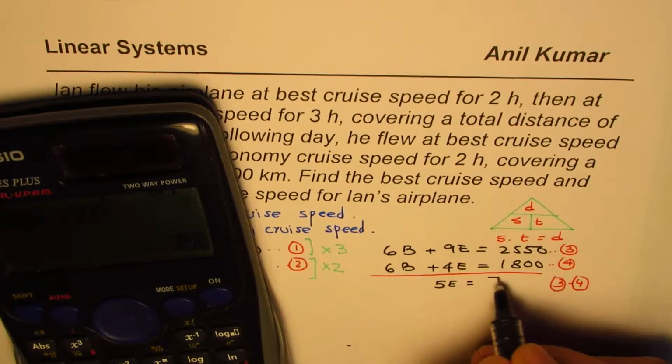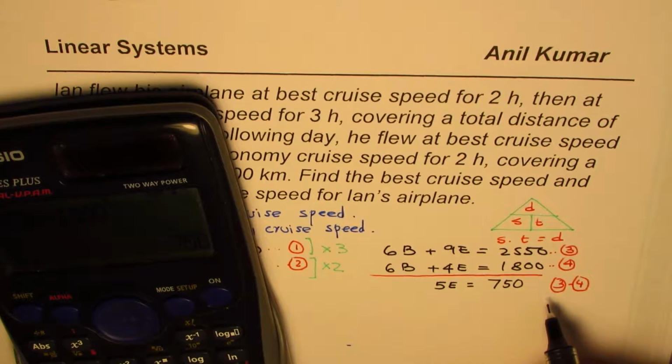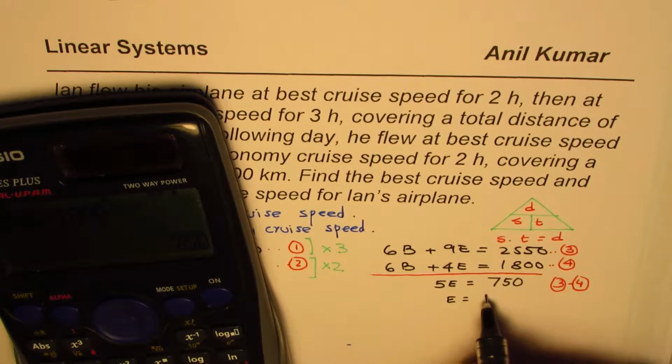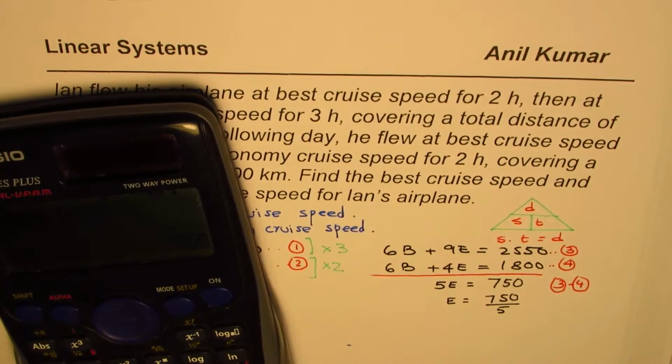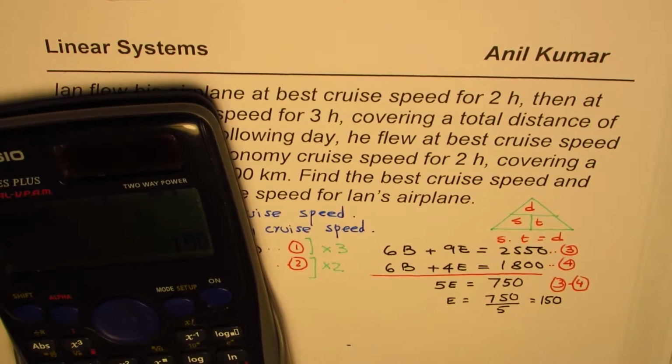So that is 750. So that is what we did: equation 3 minus equation 4. It's good to write it on the side so that helps you to review. So E is 750 divided by 5, which is 150, right?